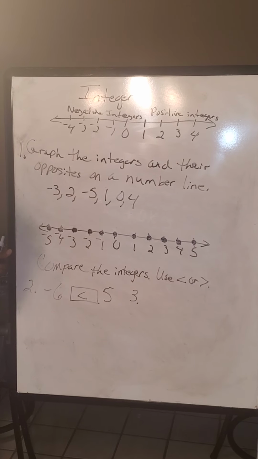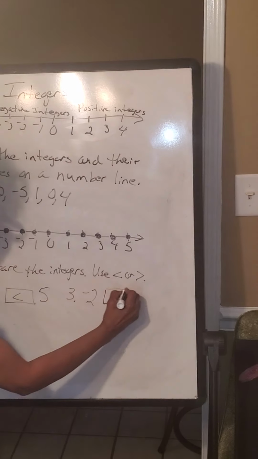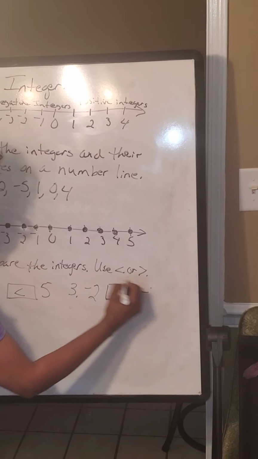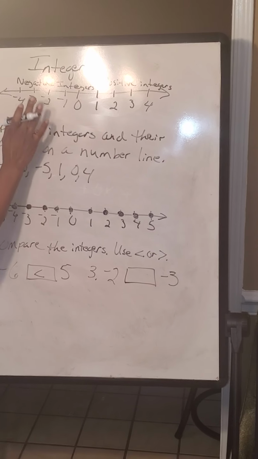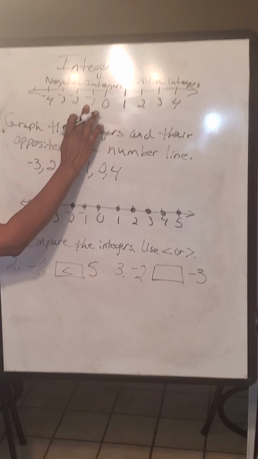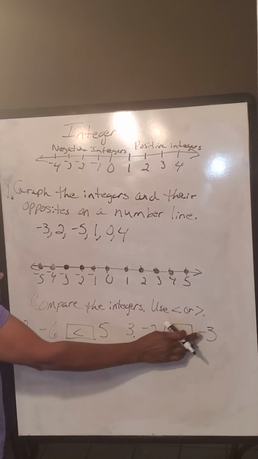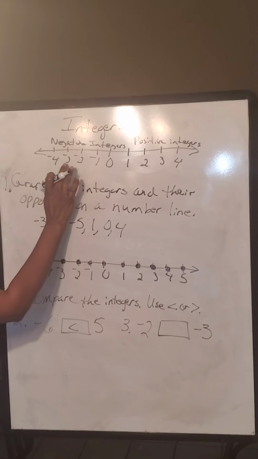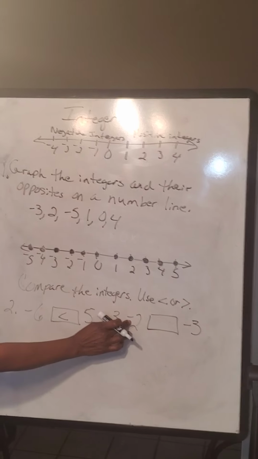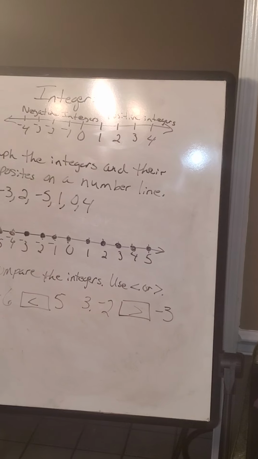Example 3. I have a -3 and I want to compare it to a -2. Remember I said the closer a negative number is to 0, the larger it is. So you need to ask yourself, this -2 is closer to 0 than that -3 is, so that means that -2 is greater than that -3.